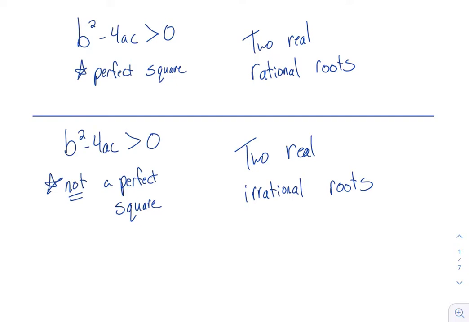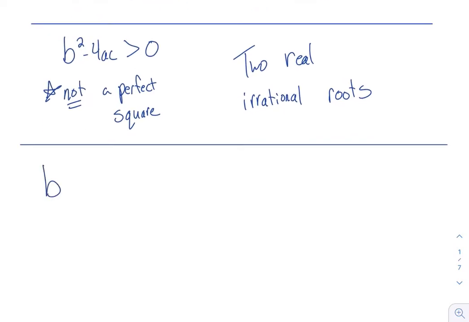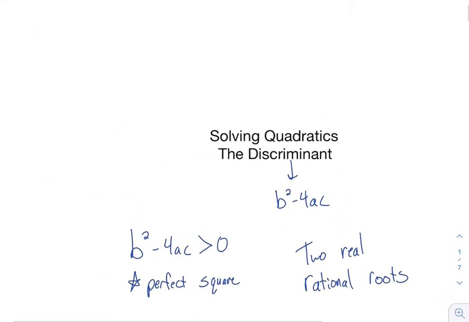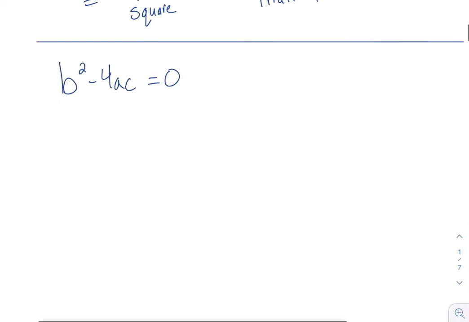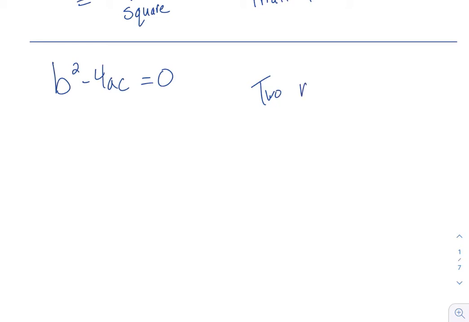All right, so far we've covered positive perfect square, positive not a perfect square. We've pretty much taken care of all the positive solutions. So the next one is going to be when your discriminant is equal to 0. If it's equal to 0, then that part inside the radical is going to be 0. So when you do plus or minus a 0, it really doesn't change anything. So this is going to be when we get two real rational double roots.